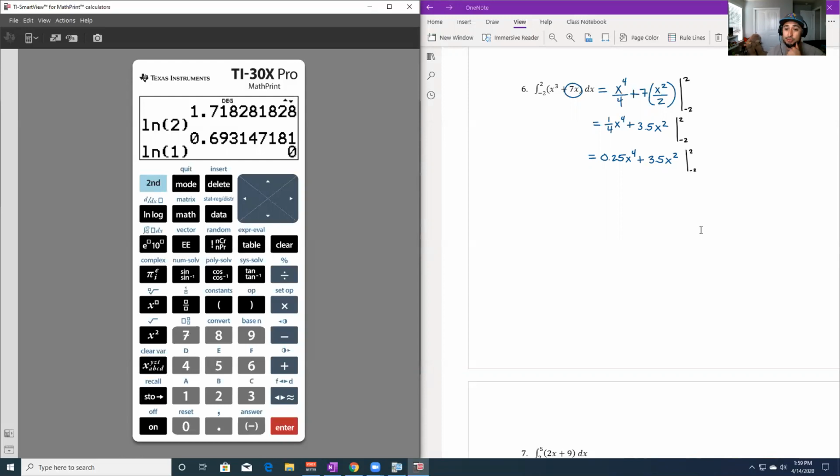Okay, so here is our evaluation. This becomes 0.25 times 2 to the 4th plus 3.5 times 2 squared minus, put a bracket here to keep everything nice and separated.